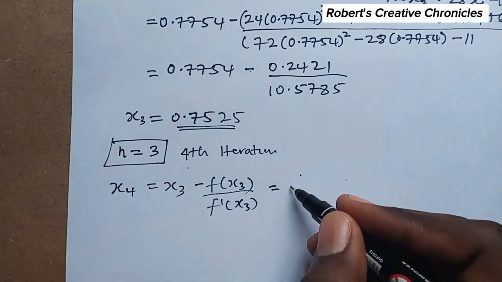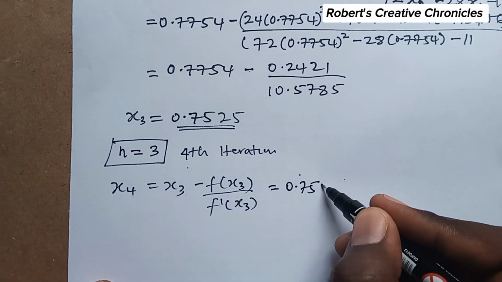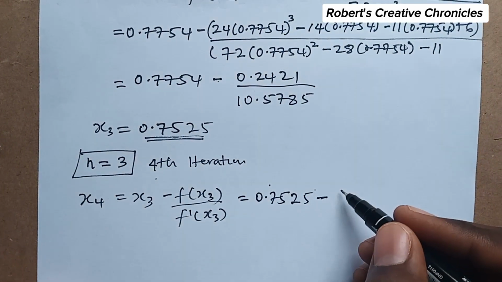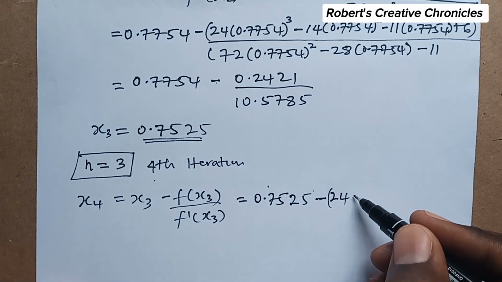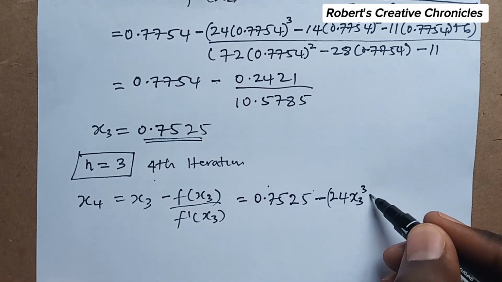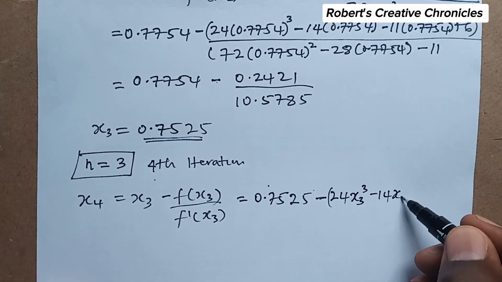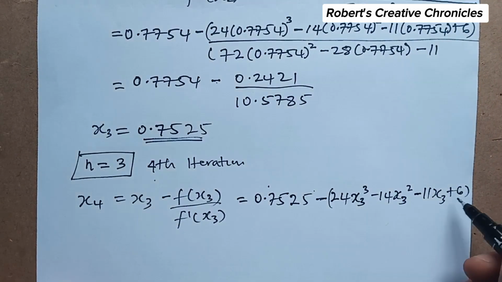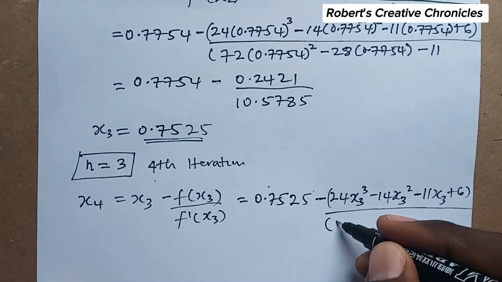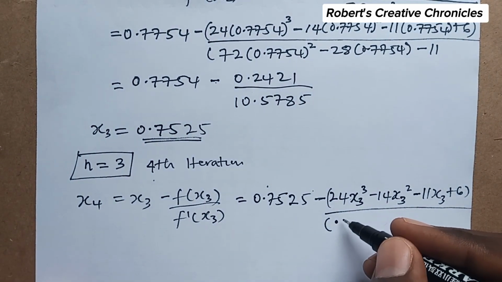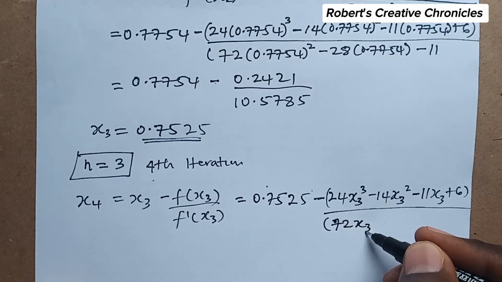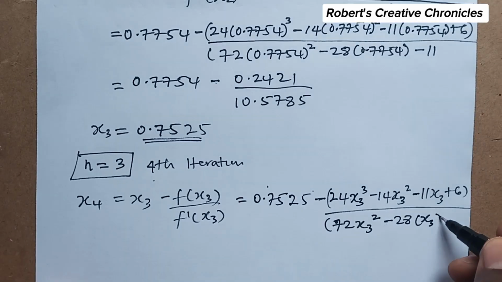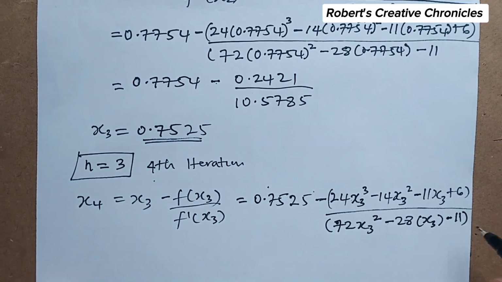We know our x3 is 0.7525, minus 24 x3 cubed minus 14 x3 squared minus 11 x3 plus 6, divided by 72 x3 squared minus 28 x3 minus 11.